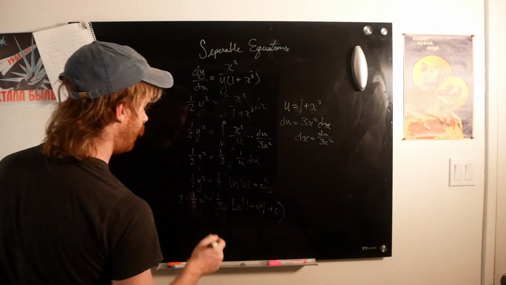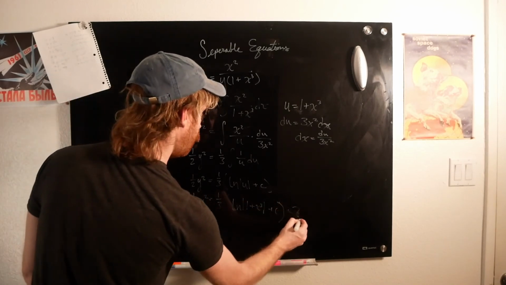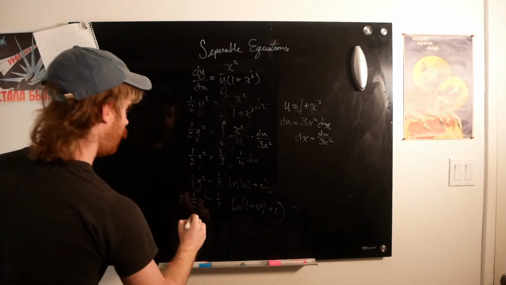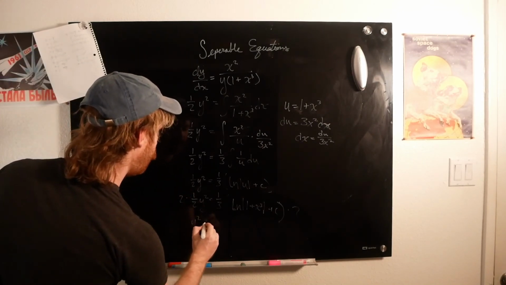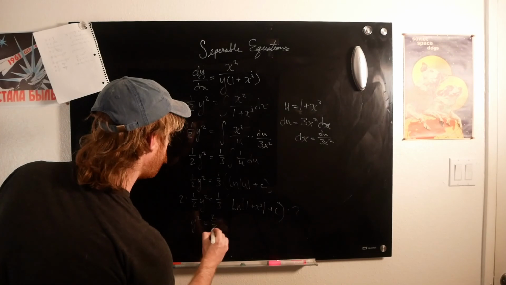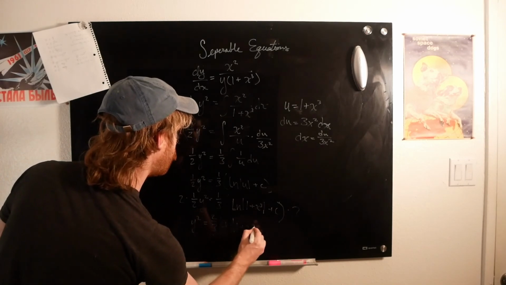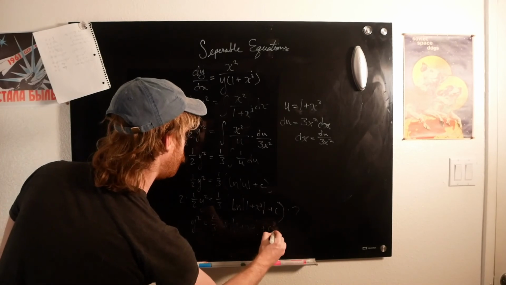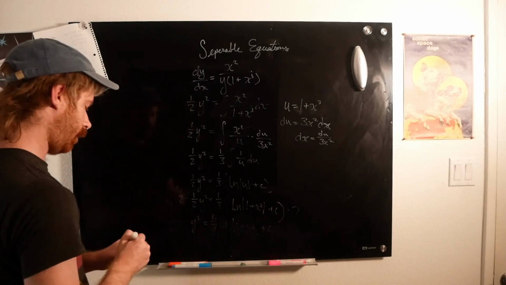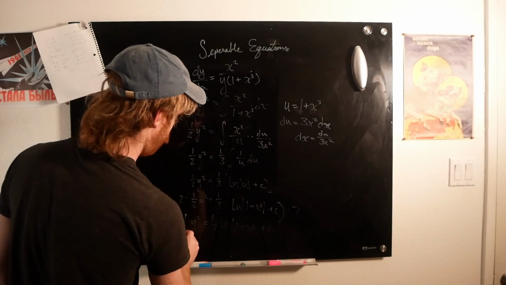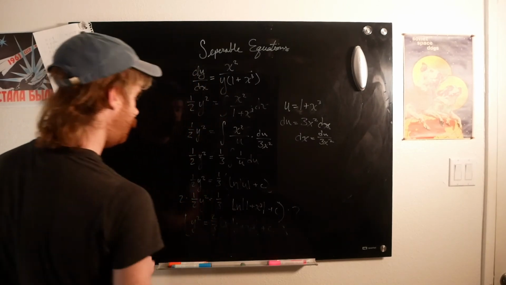So you're going to multiply both sides by 2, and you're going to wind up with y squared equals 2 over 3 natural log of the absolute value of 1 plus x cubed plus c. And there's your answer for this problem.